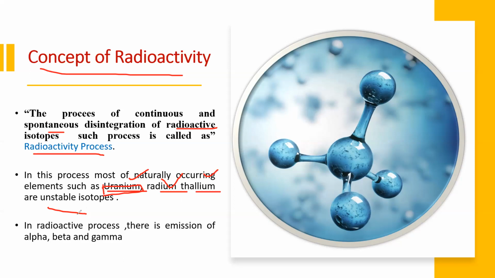In radioactivity there is the emission of alpha, beta and gamma, so we establish the nuclear reactor in a very proper way, so that we can save human beings. It is very important to fulfill all these conditions and build the nuclear power plant properly, so that we can produce maximum electrical energy.